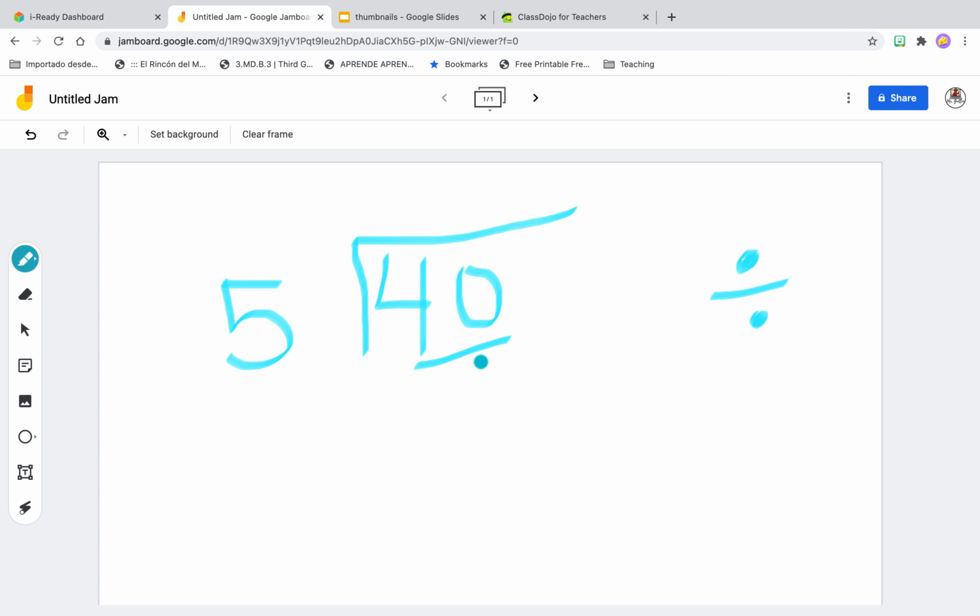So 40 divided by 5 is the same as this. Both of them mean the same. When you find the quotient, or the answer, to this division, for either of them it is going to be the same.